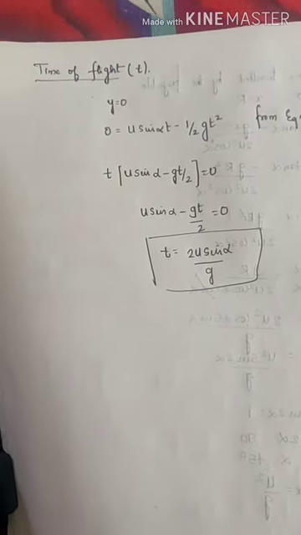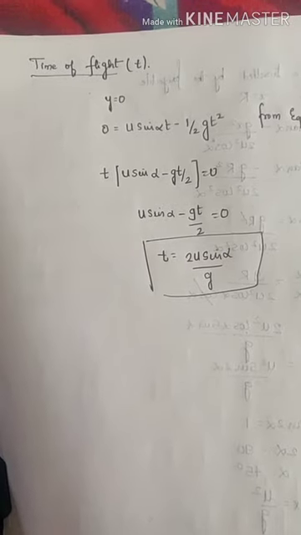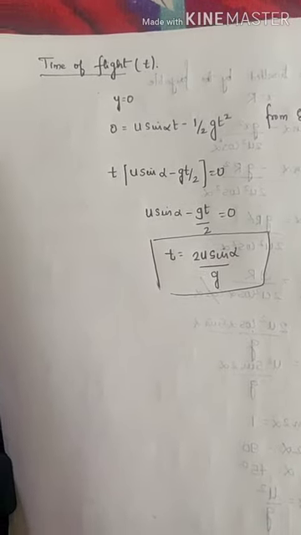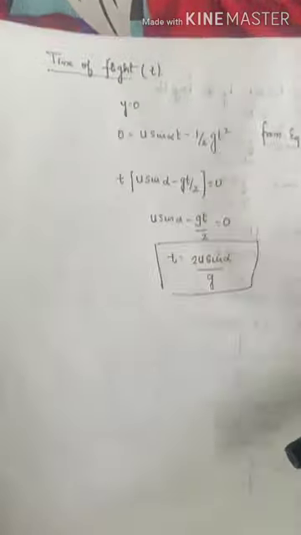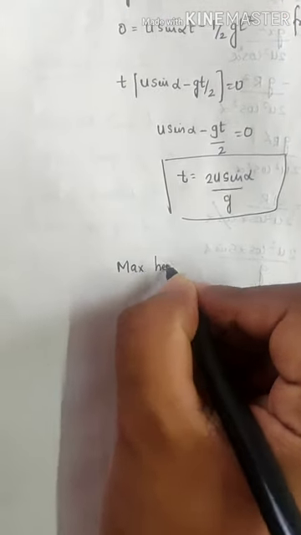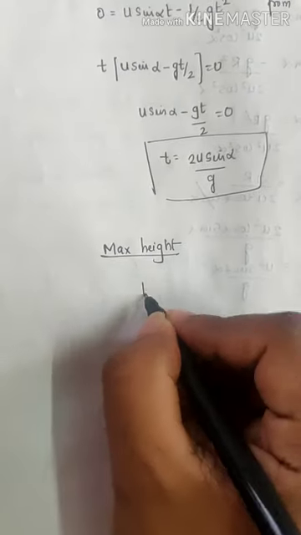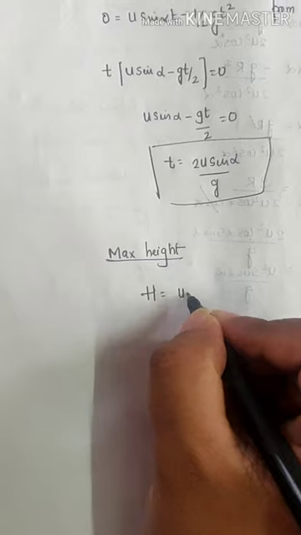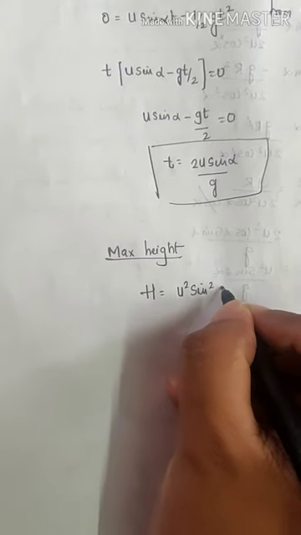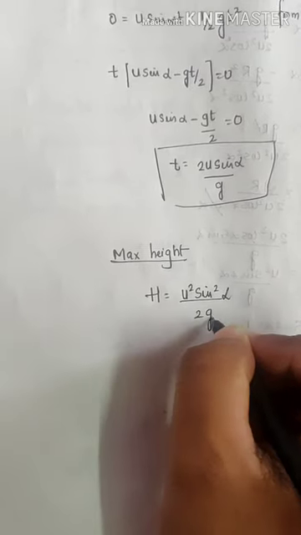So we derived the relation for the parabolic equation, we derived the relation for range, we derived the relation for time of flight. One more relation we have, which we will not derive, is the maximum height. Maximum height is given by h is equal to u square sin square alpha upon 2g.